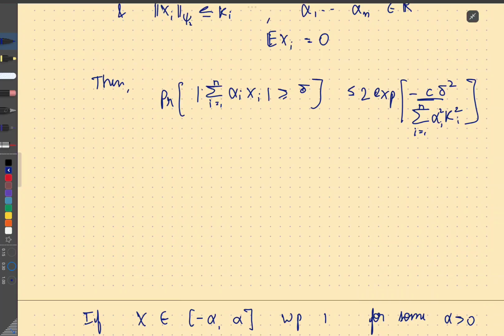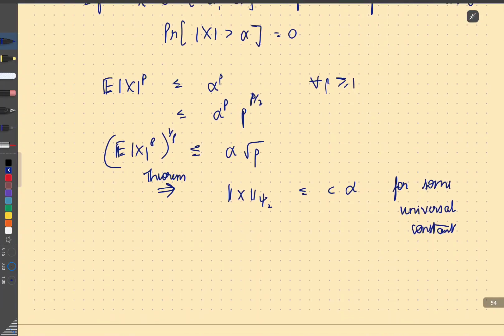So let's see a quick application of this. And this is a problem of hypothesis testing. So the problem is as follows.